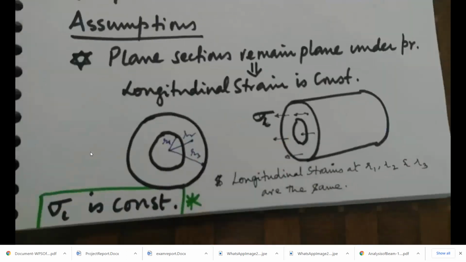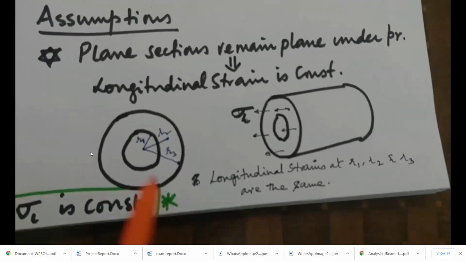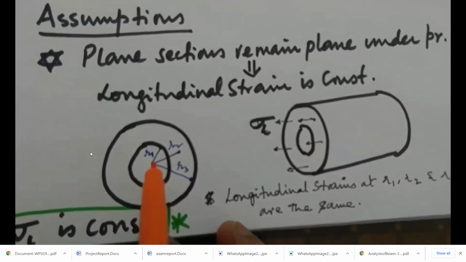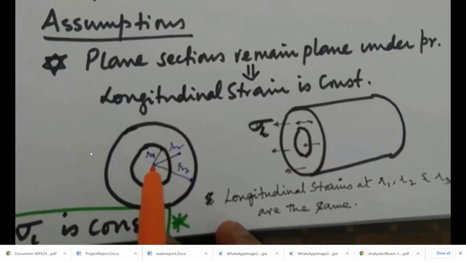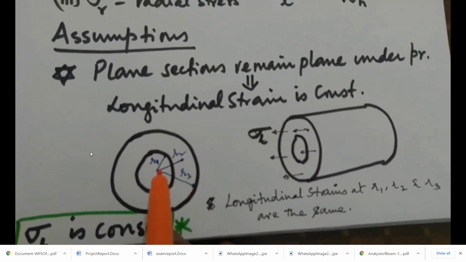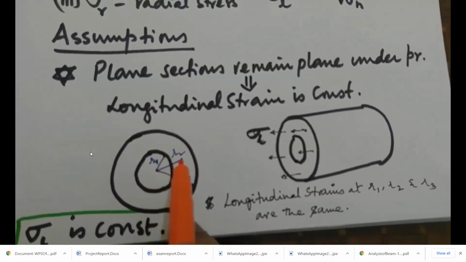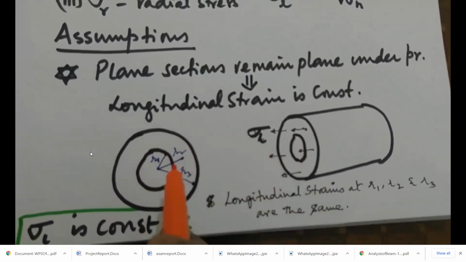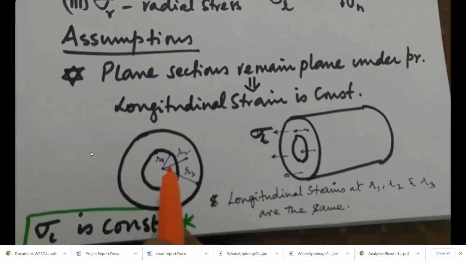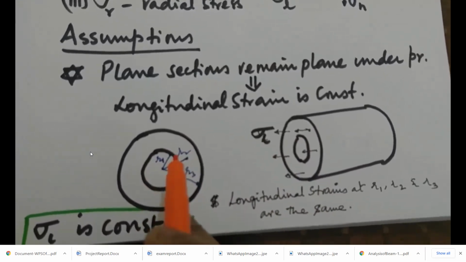I have drawn this section here, and I have marked three different radii: R1, second is R2, third is R3. So, no matter where we take the value of the longitudinal strain, it is independent of the radius at which we are trying to find the longitudinal strain.